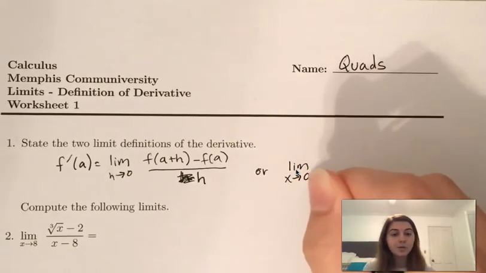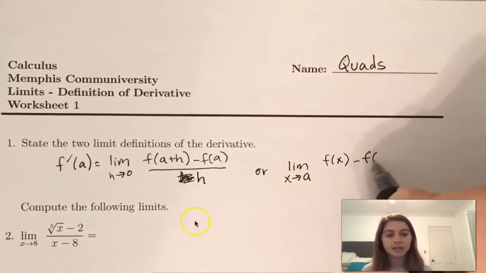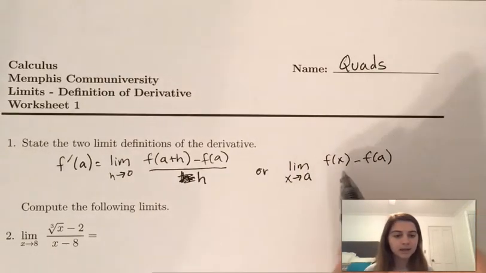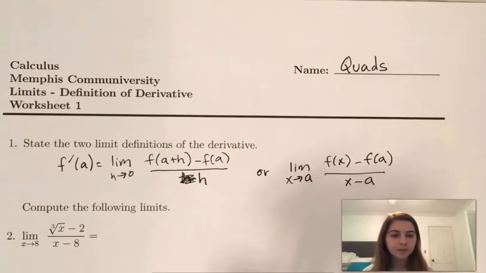The non-h way is a little easier to understand, why it is the way it is. So the limit is just slope. If you look at it here, it's y minus y over x minus x. And so remember, the a is the point on the function.